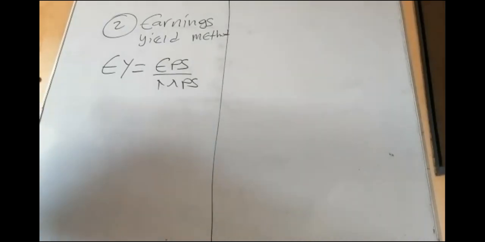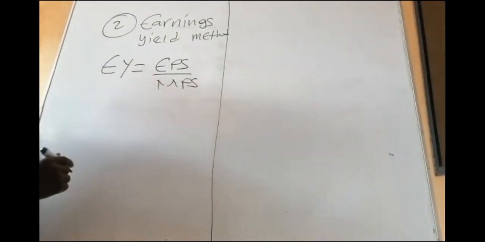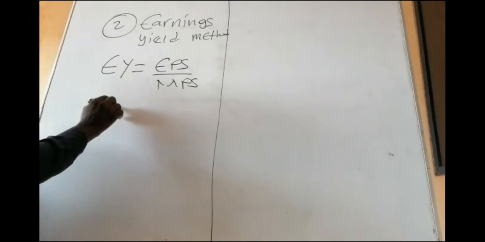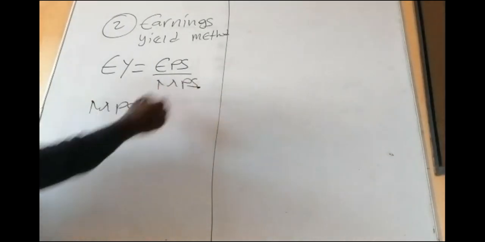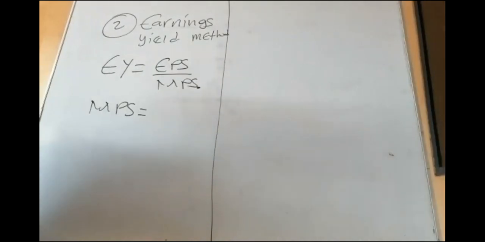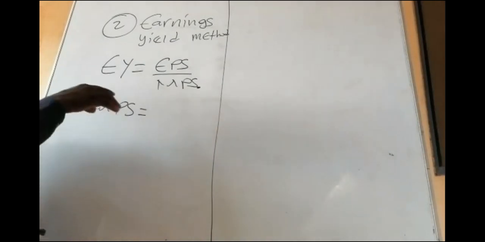Now, under the earnings yield method, we are going to make the market price the subject. If you have done a little mathematics, how do you make MP the subject?